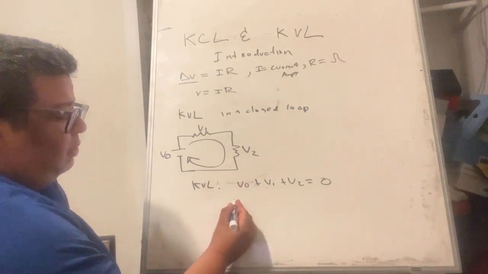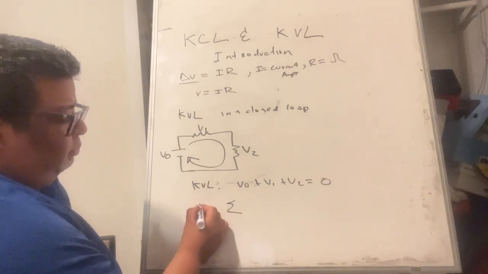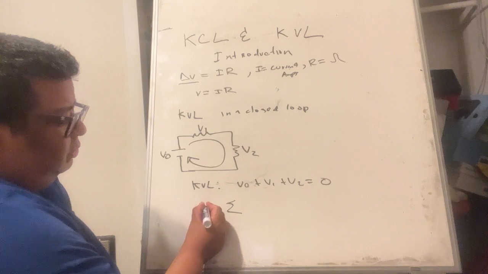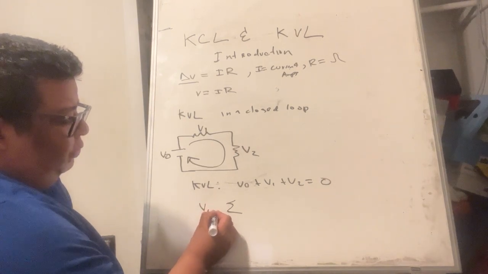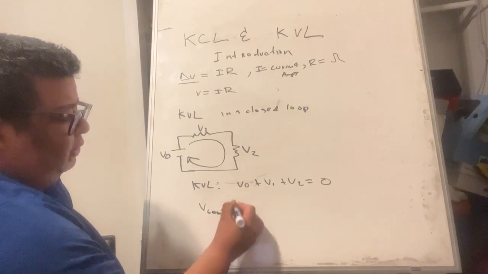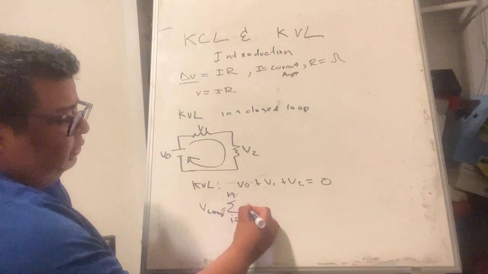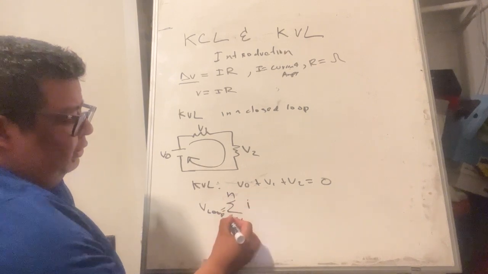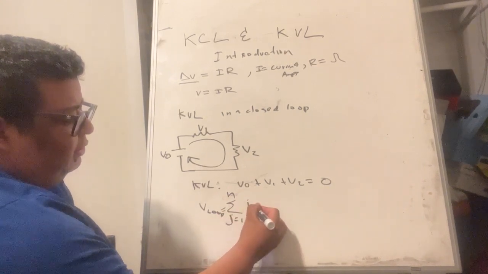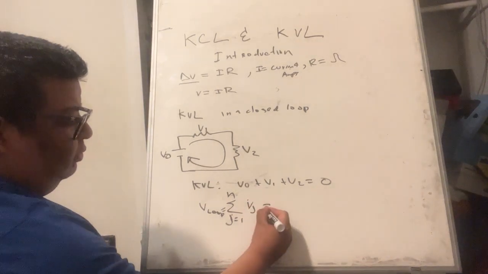You can write it in summation as follows: the sum over loop, j equals 1 to n, of V_j is equal to 0.